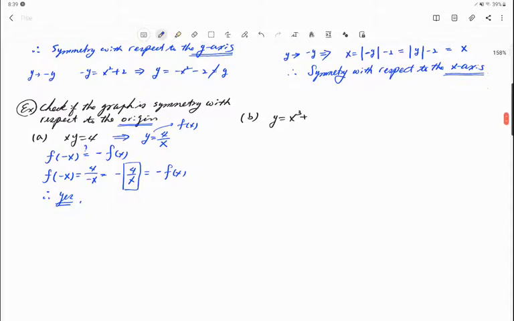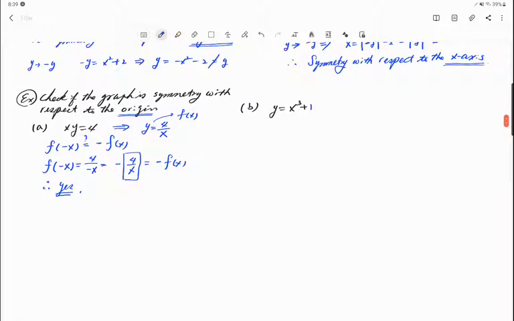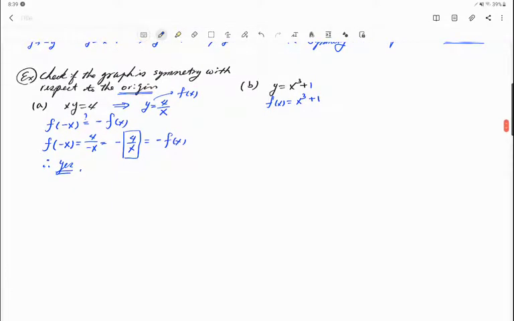Okay, and the next one, this is x cubed plus 1. Let's try the same thing. We can rewrite it, replacing y with f of x. It doesn't matter. I just want to help you understand what the x value is. Let's test with negative x. So replace x with negative x, then negative x cubed plus 1.